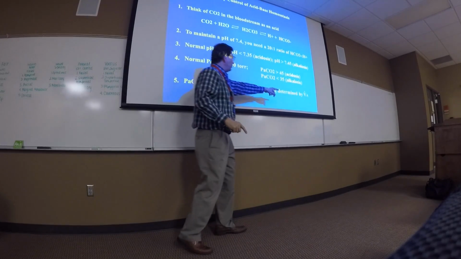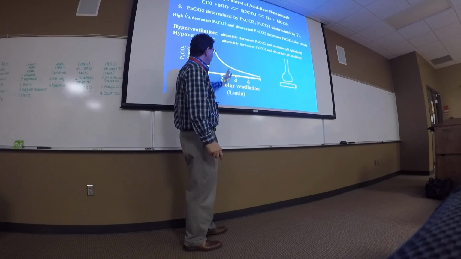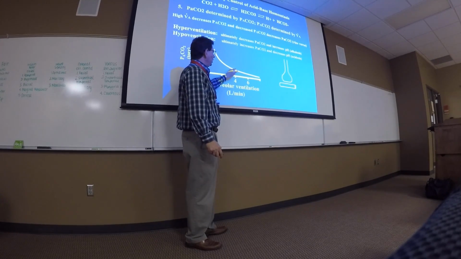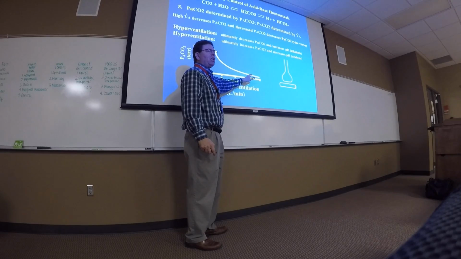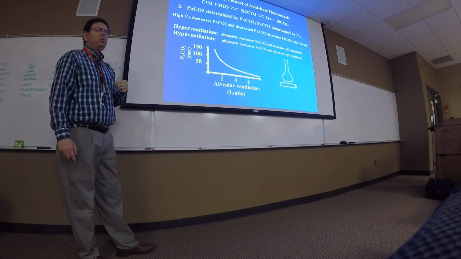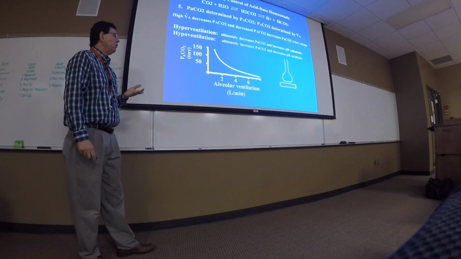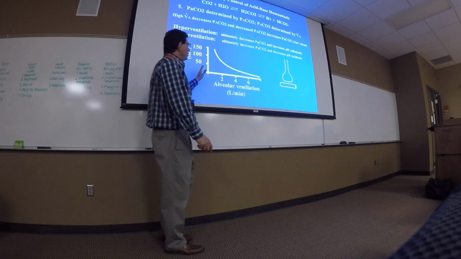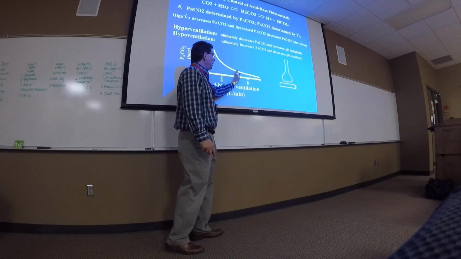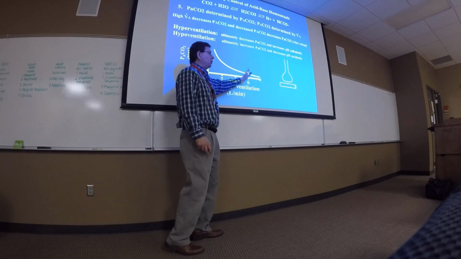Therefore, my increase in ventilation is going to cause a decrease in alveolar CO2, and alveolar CO2 and arterial CO2 are normally equal in a healthy individual. So, if I hyperventilate, the amount of CO2 in the bloodstream goes down and I become alkalotic.